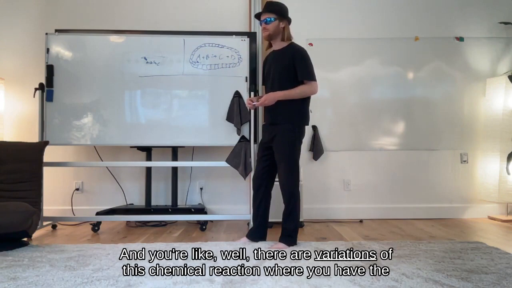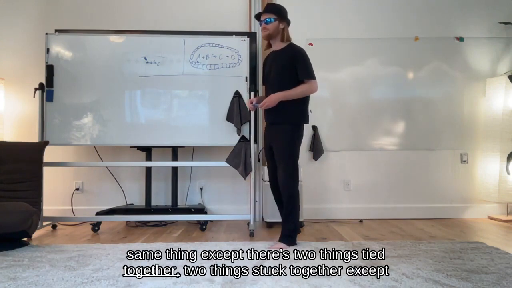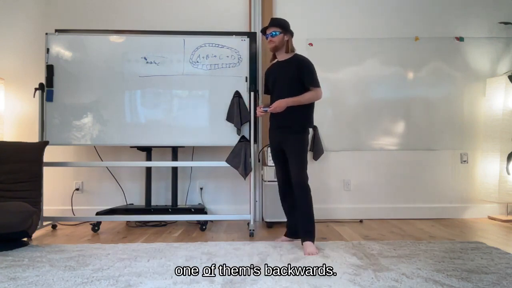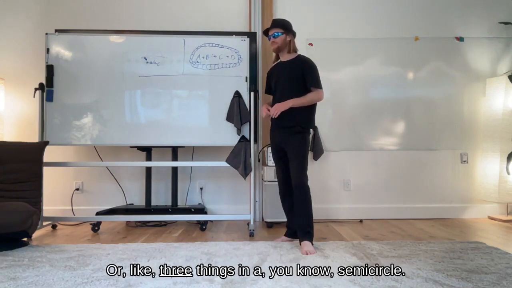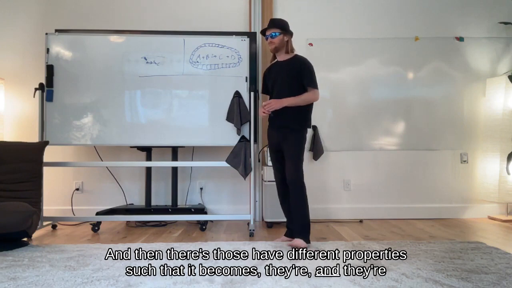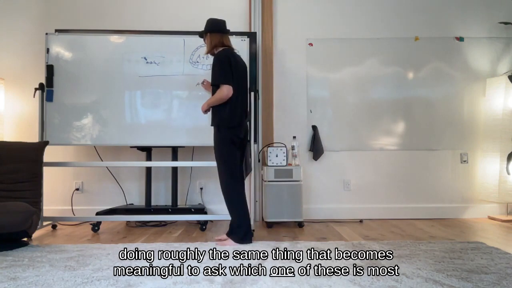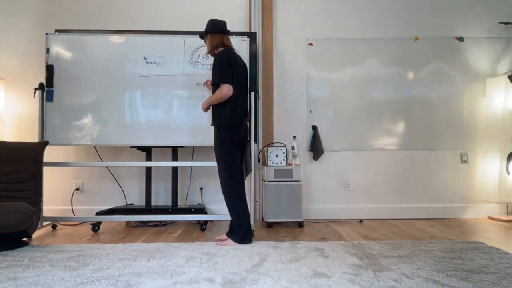And then there are variations of this reaction where you have the same thing except there are two things stuck together, or two things stuck together except one of them is backwards. Or three things in a semicircle. And those have different properties, such that they're doing roughly the same thing, but it becomes meaningful to ask which one of these is most fit.